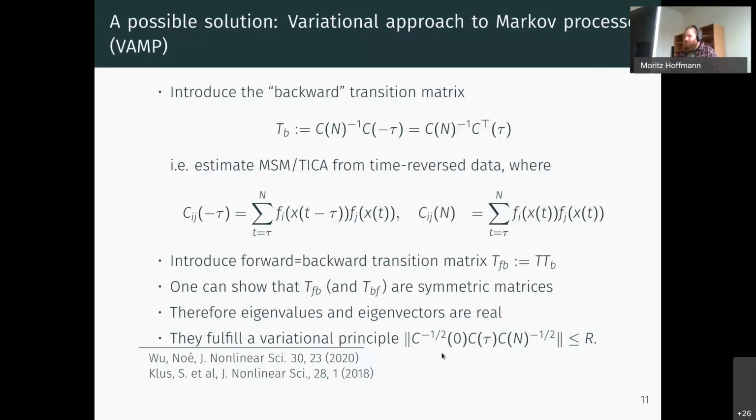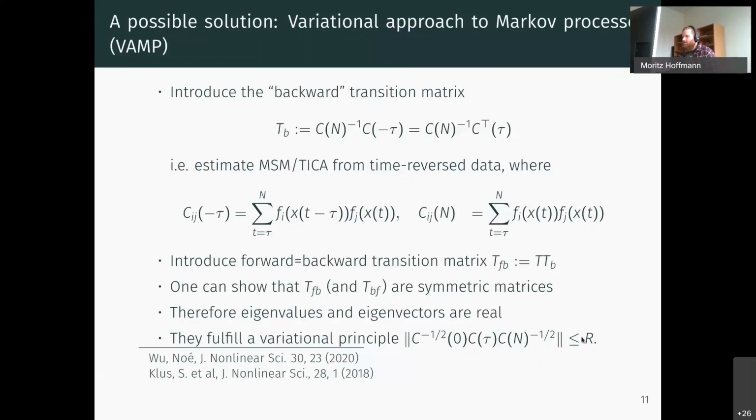Here we have the covariance matrix of instantaneous data, and then we do an inverse square root. So this is somewhat related to a whitening operation. And then we have an autocorrelation matrix here in the middle, and then we have again such an inverse square root matrix for the time-lagged data.